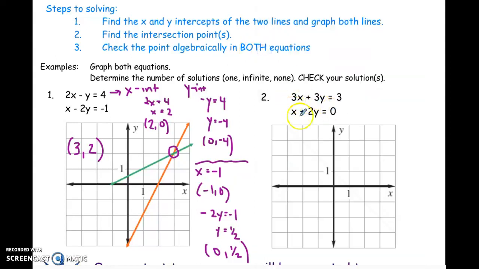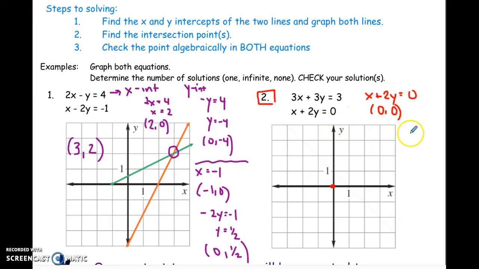Then I want you to try this one and find the solution. The one little trick I'll show you here is with the line x plus 2y equals 0. If you solve for the x- and y-intercepts, you'll find they're both (0, 0). But (0, 0) is not good enough to plot a line because you need two different points.